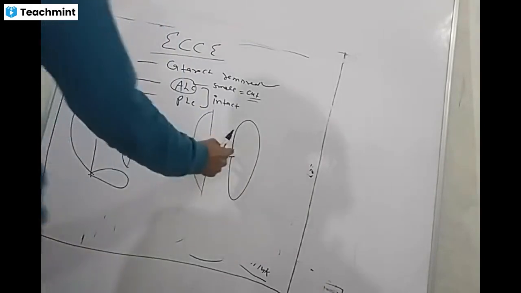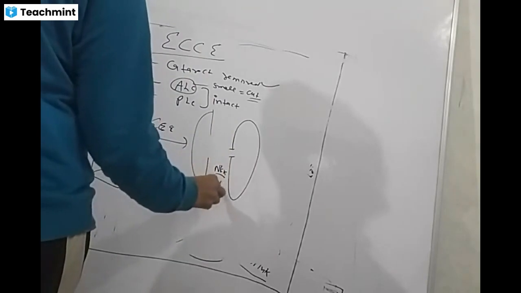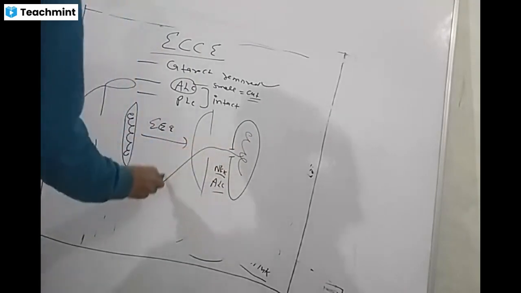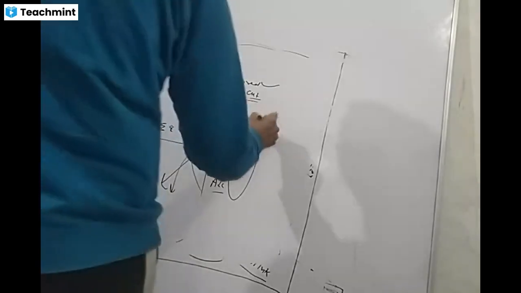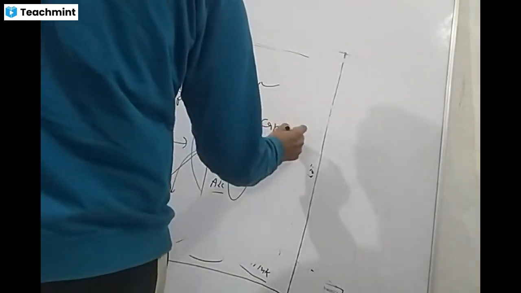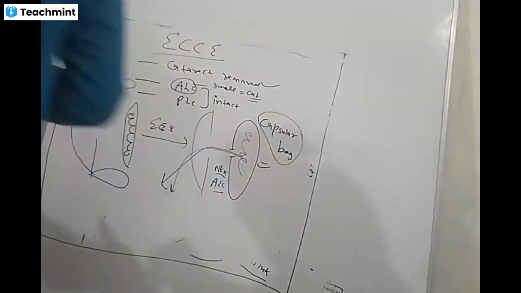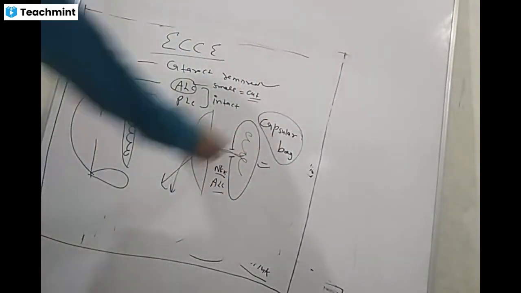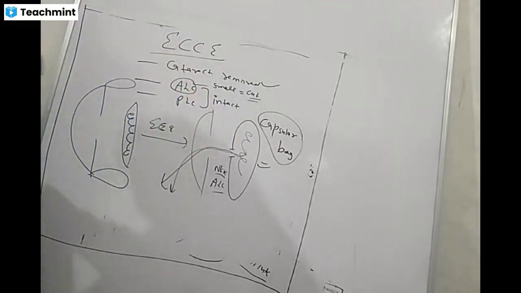Make a small hole or nick in the anterior lens capsule and bring all this material, all the cataract, outside. So this capsular bag is present; we only remove the inner content. The cataract part is removed.